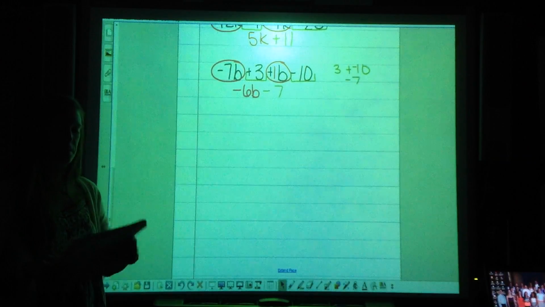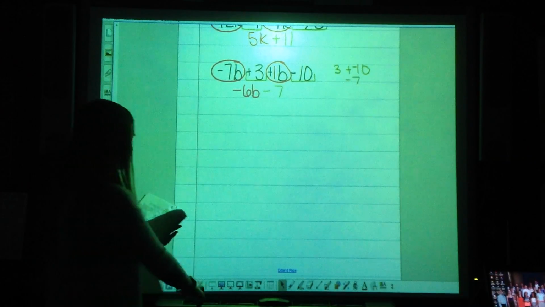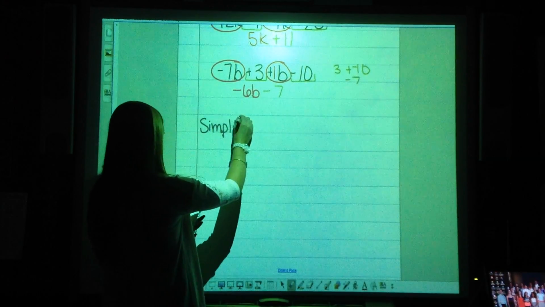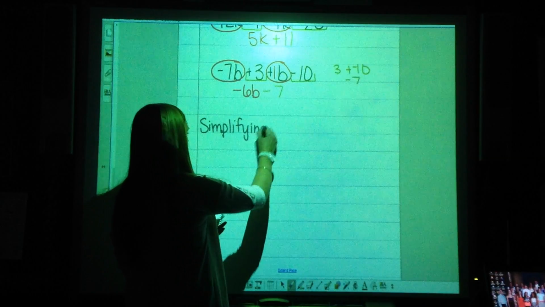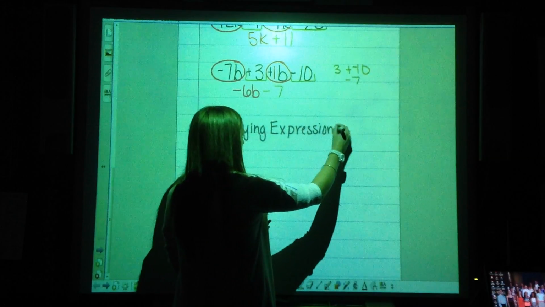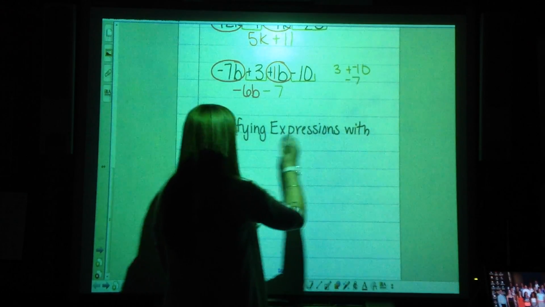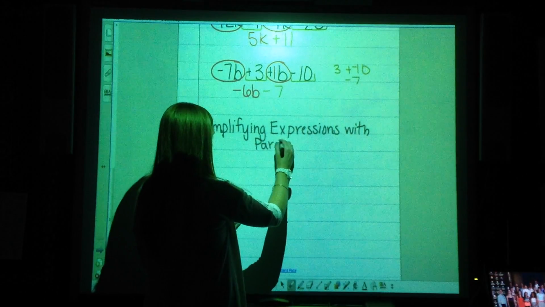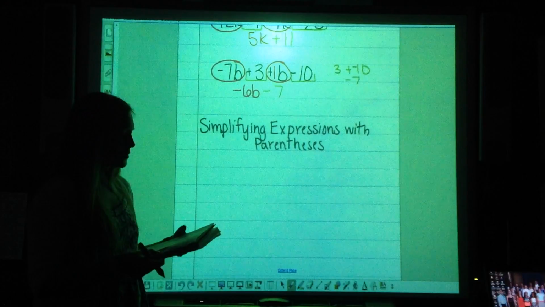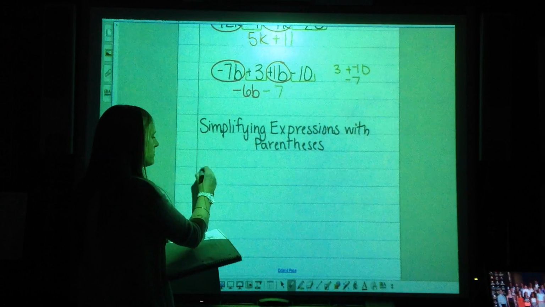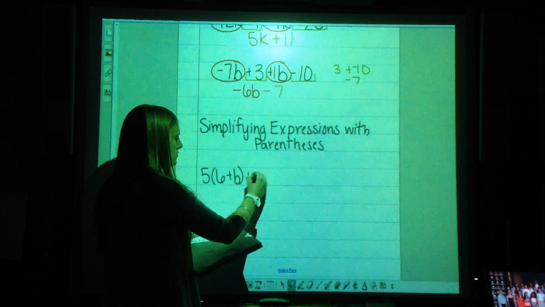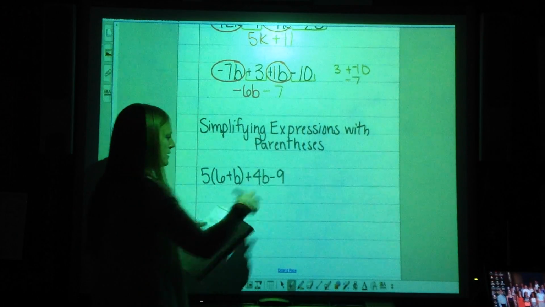The last step is simplifying expressions with parentheses. So let's say we have the expression 5 times the quantity, 6 plus b, plus 4b, minus 9.